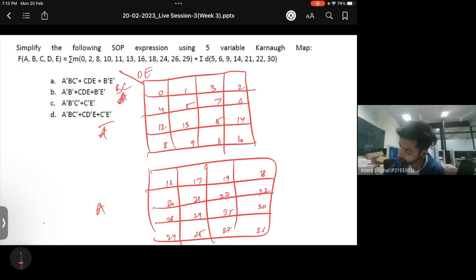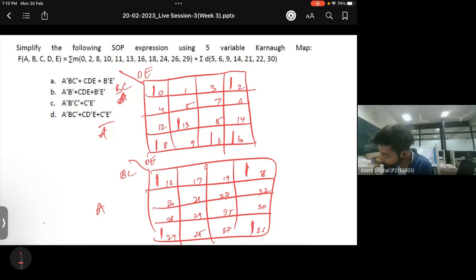This is B, C, D, B, C, D. The question says 0, 2, 8, 10, 11, 13, 16, 18, 24, 26, 29, 5, 6, 9, 14, then 21, 22, 30. Is it fine?